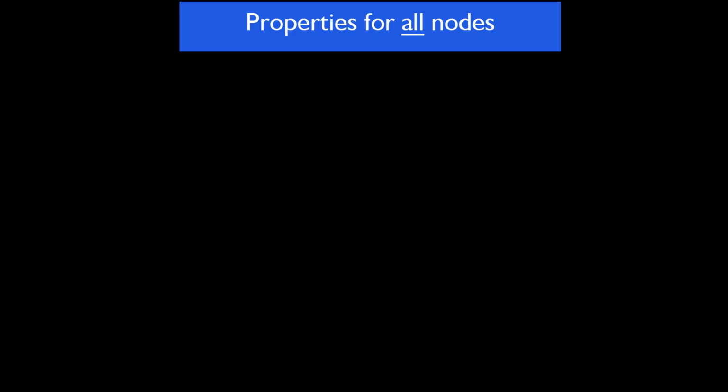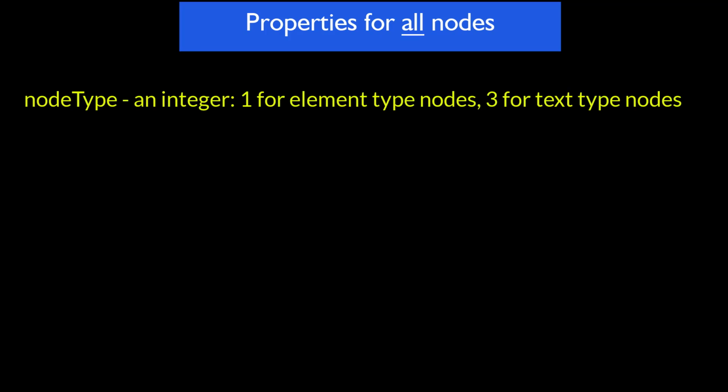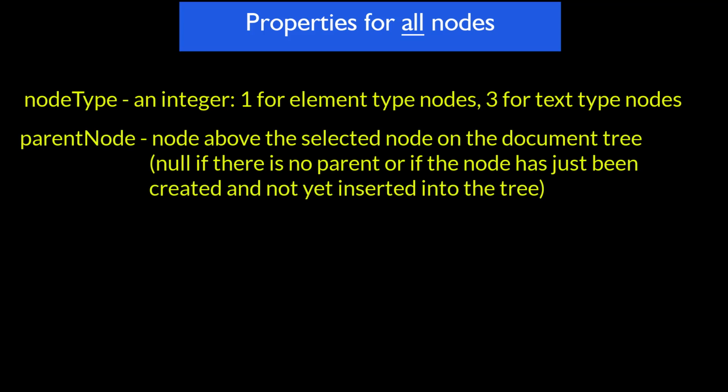Here are some useful properties available to all nodes. These are all read-only. You can't change them in a script. nodeType: it's an integer. It's a value of 1 for element nodes, 3 for text nodes. We're not going to look at the others. parentNode: it's the node above the selected node on the document tree.